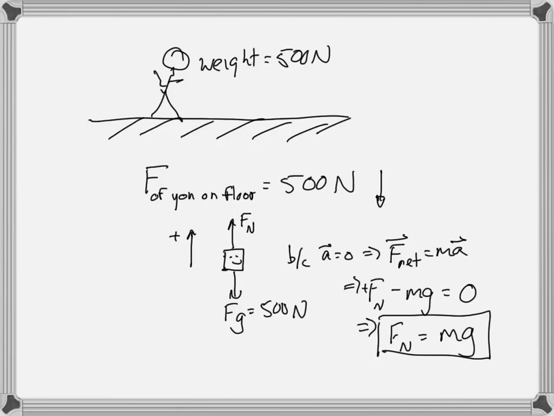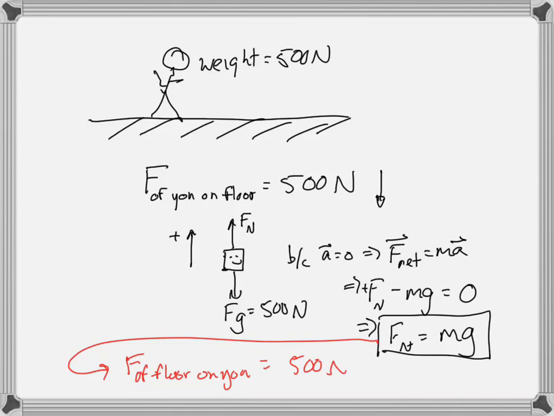But because the normal force on you is mg, because of Newton's third law, so let's say what this means. Before I talk about Newton's third law, what this means is that the force of the floor on you is equal to 500 newtons, and that's in the upward direction only because that's what we drew in our force diagram, and that's what we got, 500 newtons up.